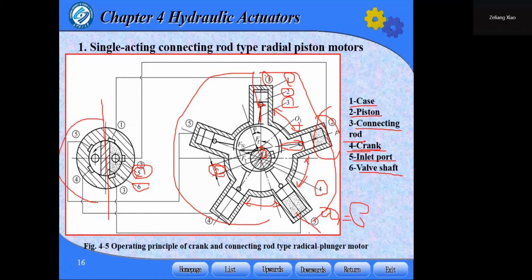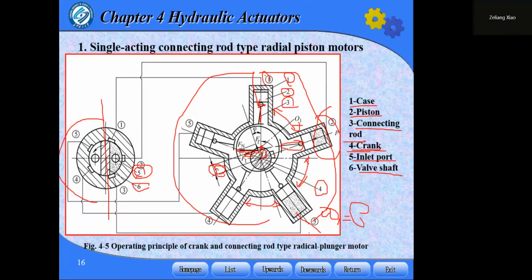According to the crank and connecting rod mechanism, there is a force on each piston, producing torque against the center of the crankshaft.